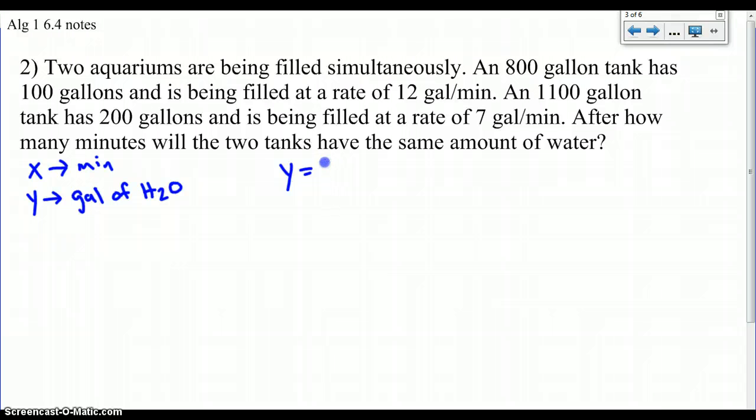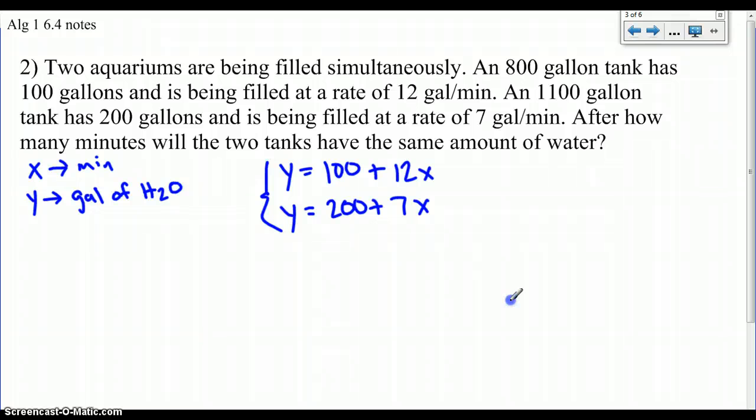Well, it has 100 gallons, and we're adding at a rate of 12 gallons per minute. The 1100-gallon tank starts with more, but the rate at which it's being filled is a little bit slower. So there's your system.